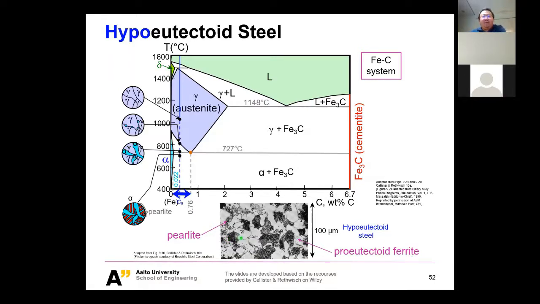So in the end, you still have two components, ferrite and cementite, but you have two types of ferrite: the ferrite in pearlite and the pro-eutectoid ferrite. Their composition is the same, but they look completely different.